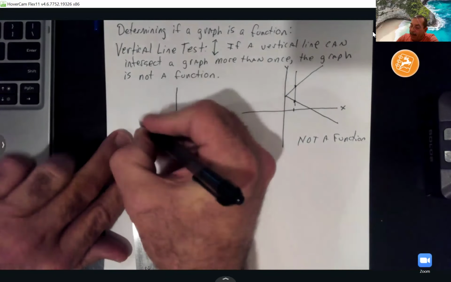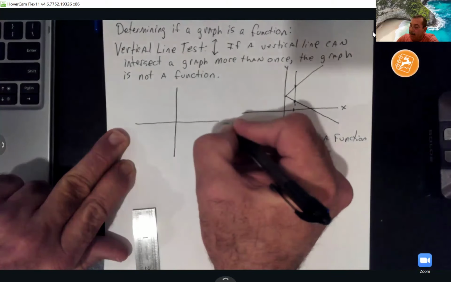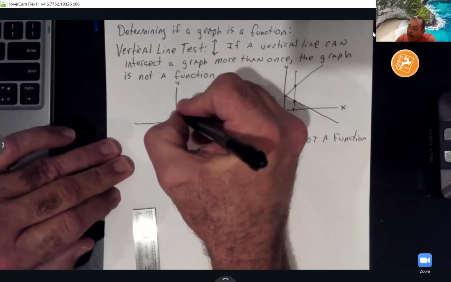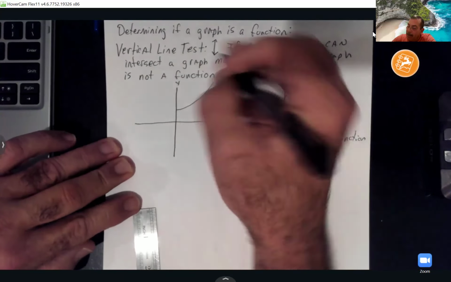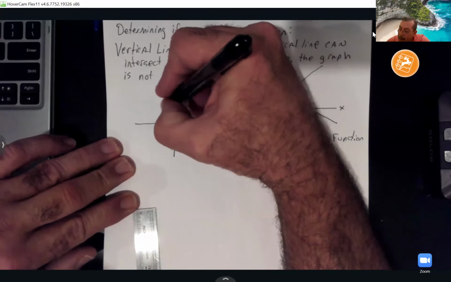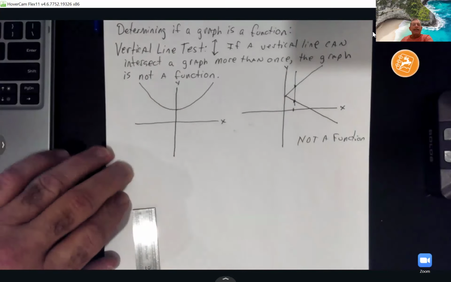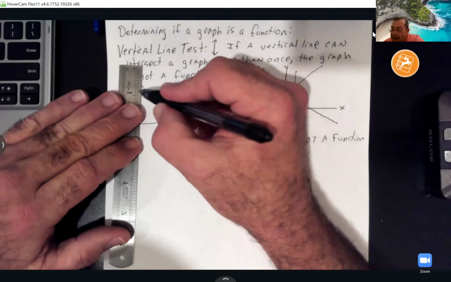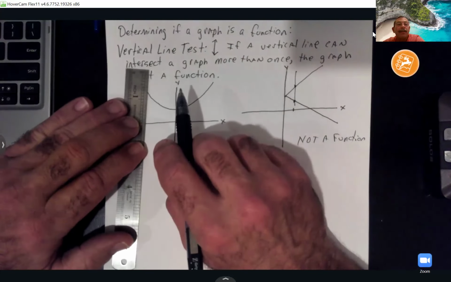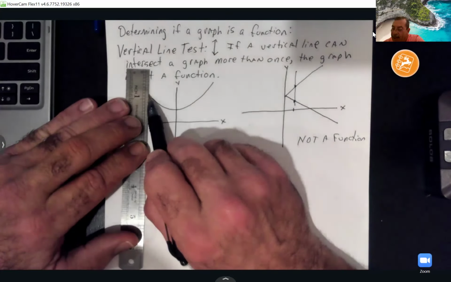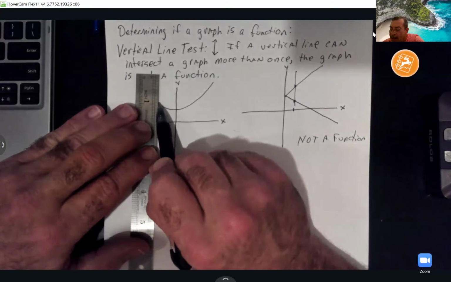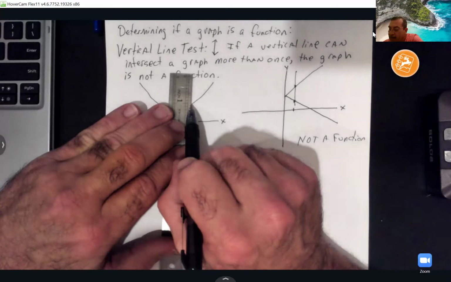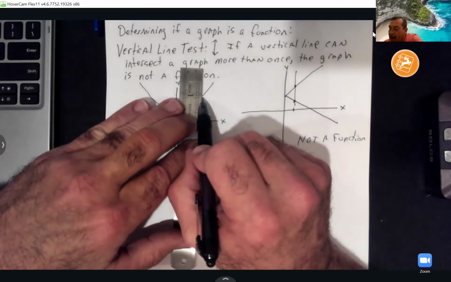Now over here, let's say, well, we've been drawing parabolas all day. So there's me a parabola, but look, I'm drawing my vertical line, only intersects it once. No matter where I put this vertical line, it's only intersecting my graph once everywhere. Right?